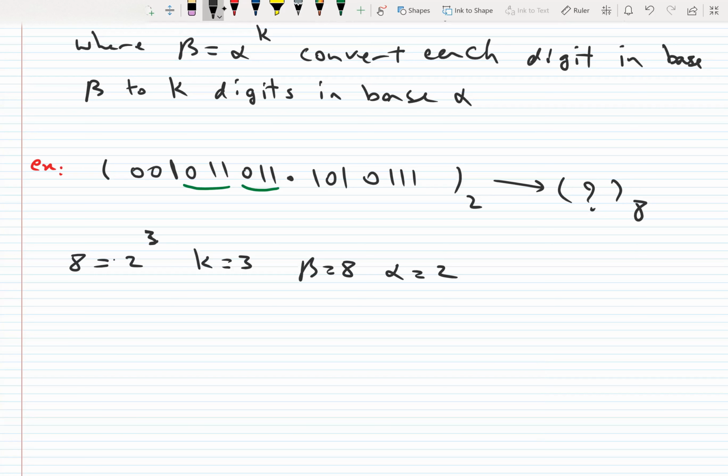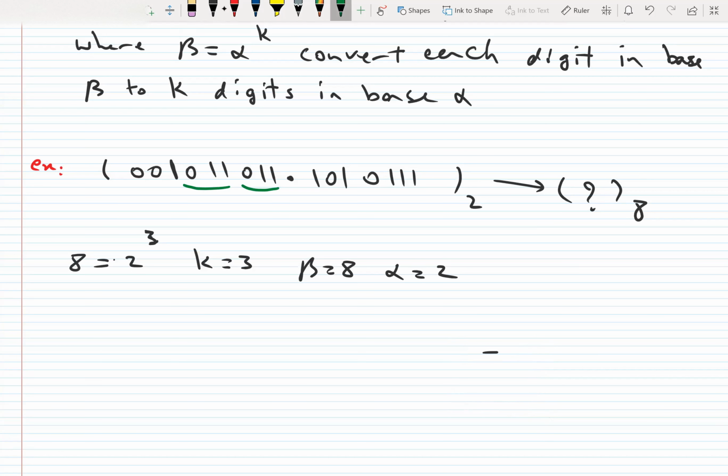We know that it doesn't change the value of a number. If you add a 0 to the left of an integer number, nothing changes. So 5 is equal to 05, which is equal to 005. We can add as many zeros as we need to the left of integer numbers.